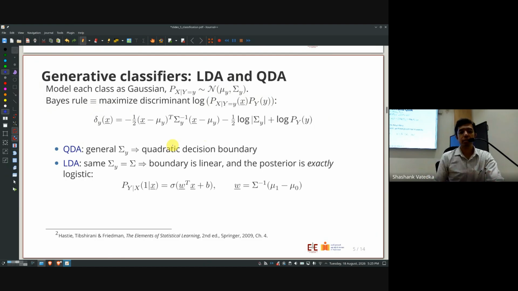So in general, if you assume that sigma can depend on y, then you get a decision boundary that looks like a quadratic function. But if you assume that only the mean mu depends on y, then the corresponding boundaries turn out to be linear. And here's an exercise: show that the corresponding posterior can be represented as this perceptron.